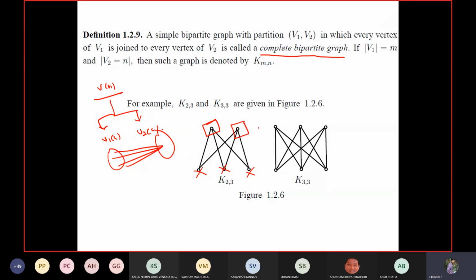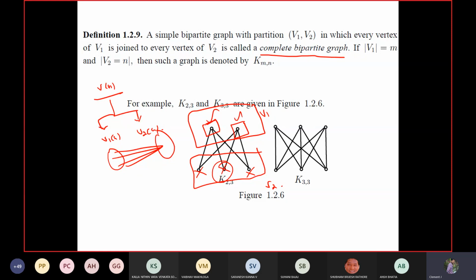So here I can say these two vertices can be placed in vertex set 1, and these three vertices can be placed in vertex set 2. You may check that if you pick any vertex from one subset, it will have an edge with all the vertices of the other subset. If you pick this vertex, it will have an edge with this vertex also, and this vertex also.